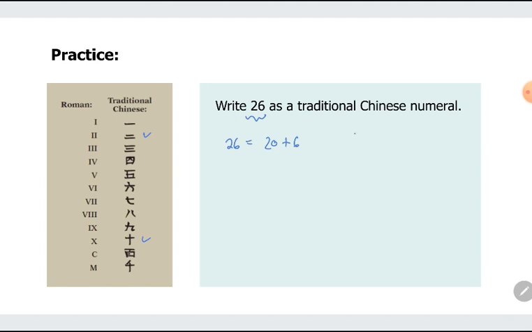So to make use of the multiplicative property, we write the 2 first, and then the 10. So we have a 20. They have a symbol for 6, so we will just copy that. Okay, so this will be our answer for 26 in traditional Chinese.